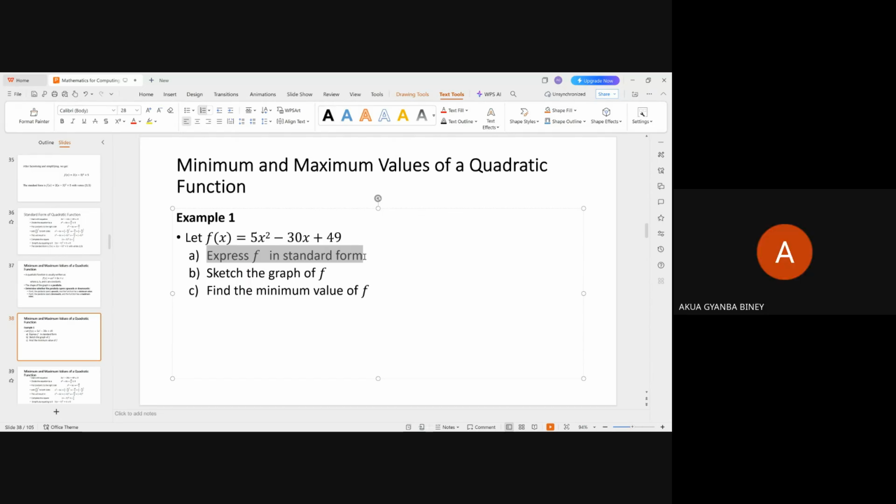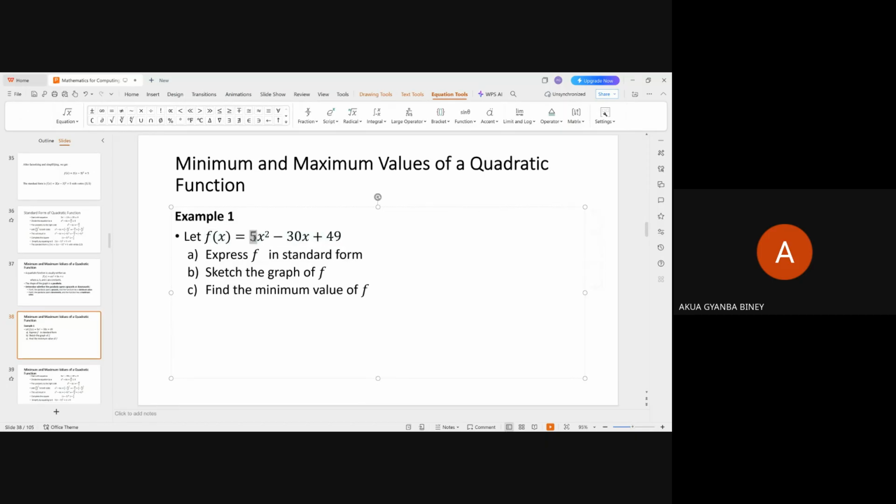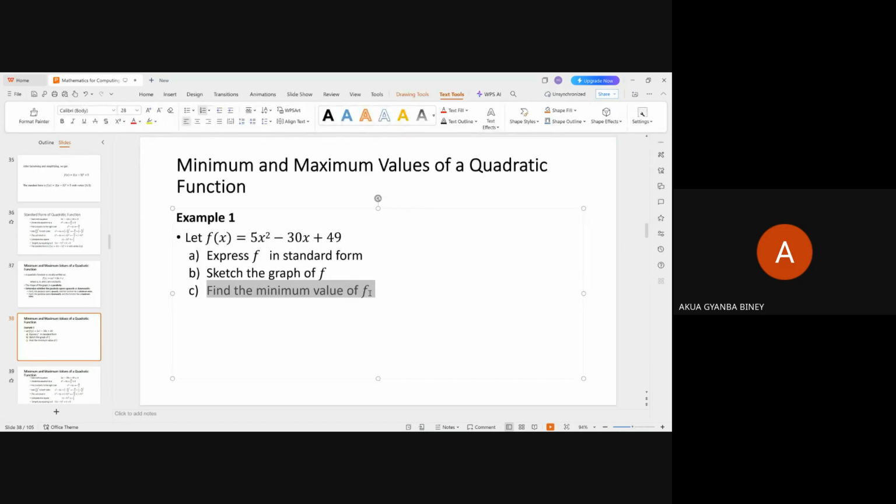If you follow that one, you can use it to put the expression in standard form. And then it goes ahead to say, now sketch the graph. How do you sketch the graph? Once you have the vertex and you know the coefficient of a, you can sketch. And it goes on to say, find the minimum value of f.